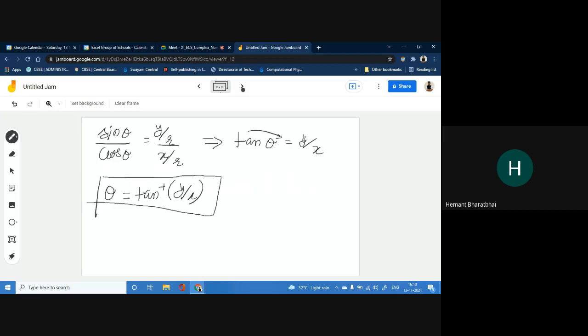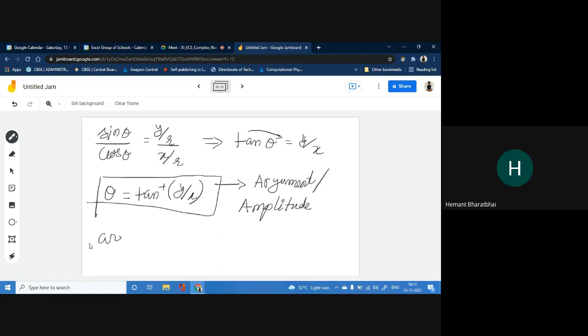So this tan goes over there, and the same thing can be written as theta is equal to tan inverse of y by x.